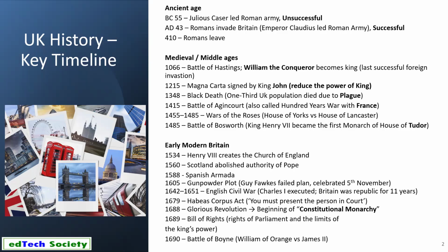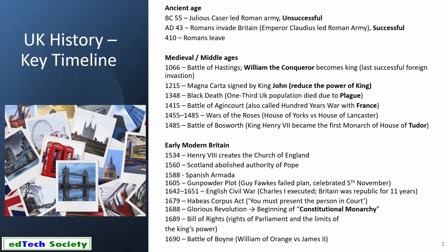And the name is Battle of Agincourt. So two names you need to remember for this 1415. 1455 to 1485, this is the Wars of the Roses, a fight between two houses, House of York versus House of Lancaster.